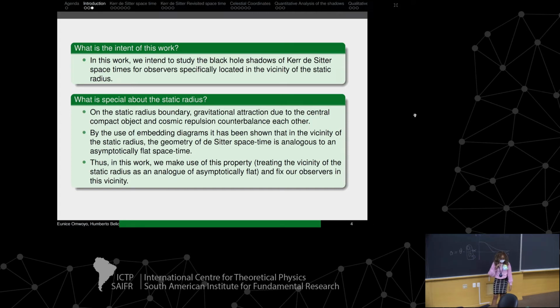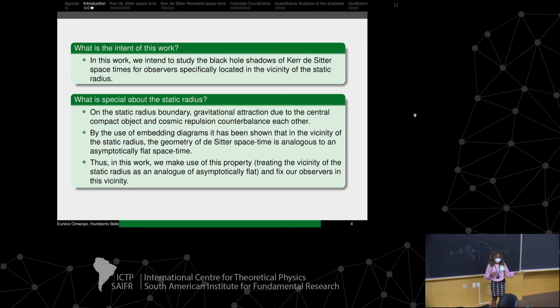The static radius has a certain property which, I feel, hasn't been so much studied, because at this static radius the gravitational attraction and the cosmic repulsion counterbalance each other. And by the use of embedding diagrams, some authors have shown that the spacetime in the vicinity of the static radius in these spacetimes is analogous to asymptotically flat spacetime.